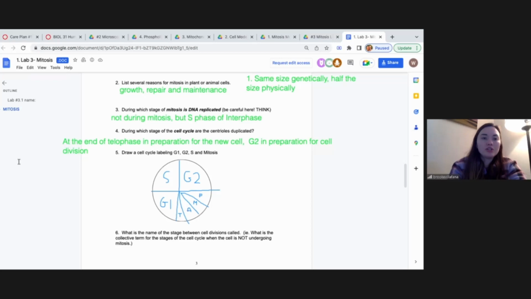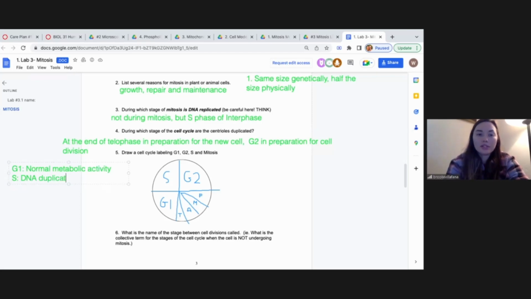The definitions of each of these: G1 is normal metabolic activity of the cell. So the cell is just hanging out, relaxing on the couch. S is when the DNA duplicates. The cell makes a copy of its genetic DNA.